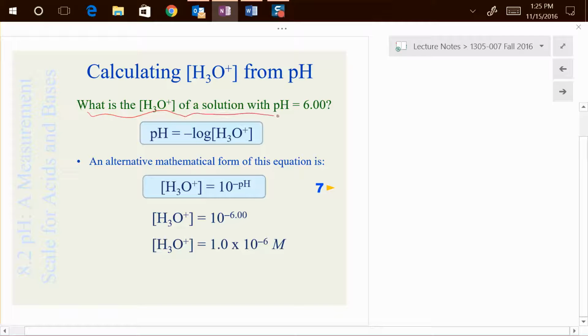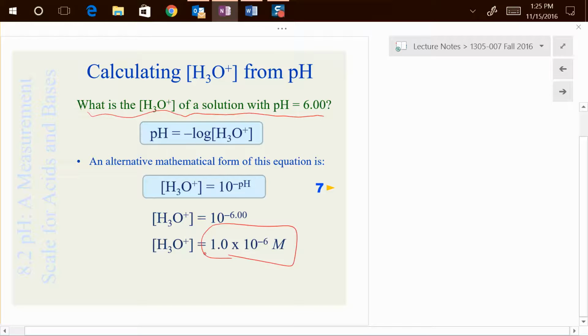What is the H plus ion concentration that has a pH of 6? One times 10 to the negative 6, right? Okay, now, if my pHs are whole numbers like this, it's super easy. 1 times 10 to the negative 3, 1 times 10 to the negative 2, 1 times 10 to the negative 10, 1 times 10 to the negative 11.